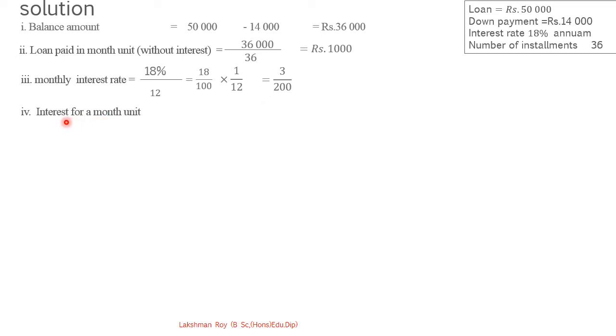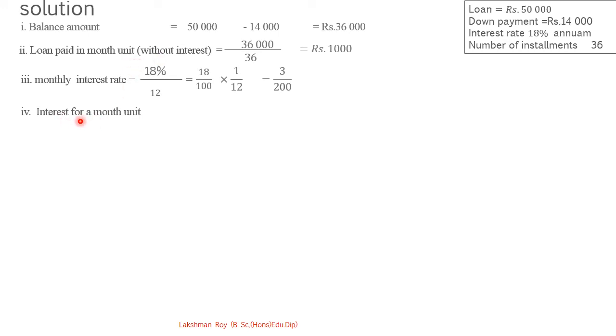In Roman number 2 we found the loan paid in month unit, that is the amount you have to pay in month unit without interest. On this amount, the interest is called the interest for a month unit.